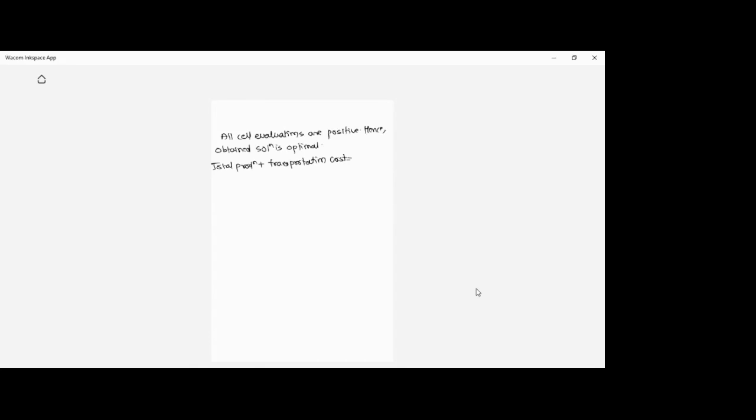So that we can do by writing 4 into 25 plus 6 into 5 plus 8 into 20 plus 10 into 70 plus 4 into 30 plus 13 into 15 plus 8 into 20 plus 0 into 15. If you do all these additions, I've done so, and I'm getting the value as rupees 1465.